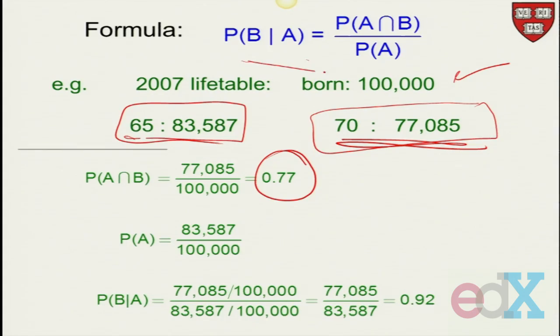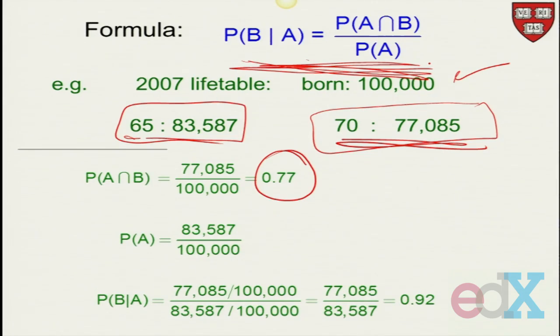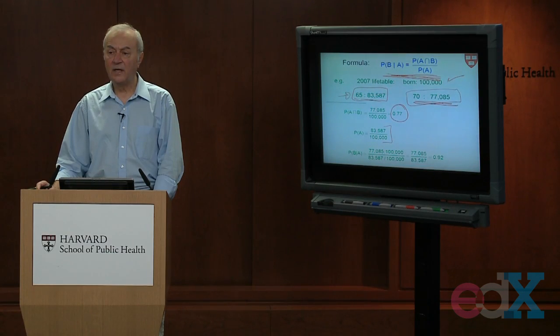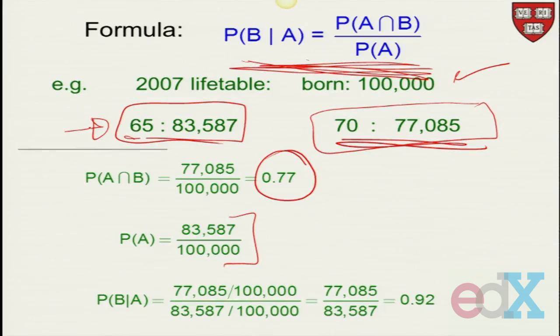Now the question is, this one though, we would like now to know, of those who reach 65, what proportion, what's the probability that they will reach 70? Well, what's the probability of reaching 65? Well, there it is. It's the 83,587 of the 100,000 reach age 65. What's the probability of A and B?